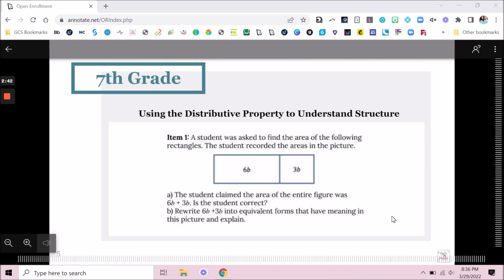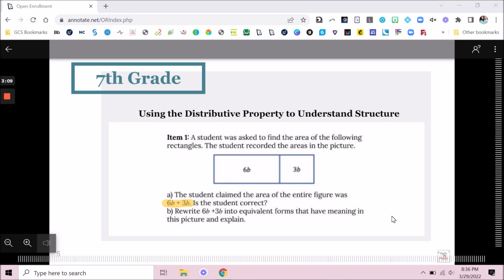So when we move to 7th grade, we're looking at using that distributive property to understand structure and to make meaning of expressions. Here students are looking at areas of 2 rectangles that have been put together. Another student has said that the total area of those 2 rectangles combined is 6b plus 3b.